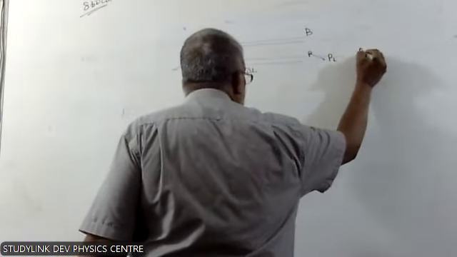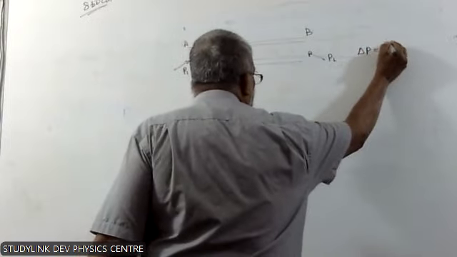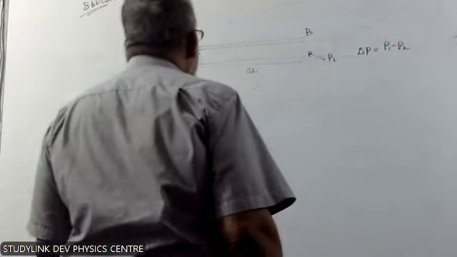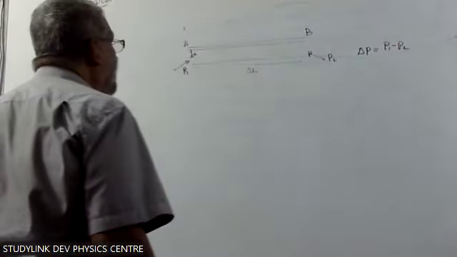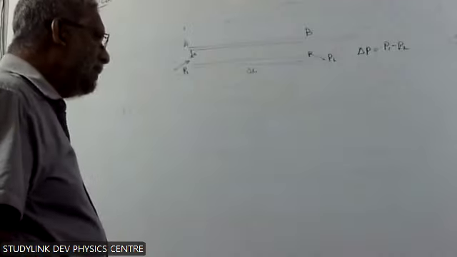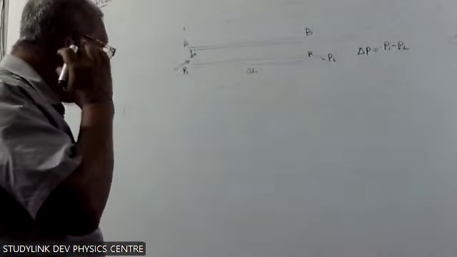As I told earlier, delta P is P1 minus P2, and then we can find the pressure gradient.